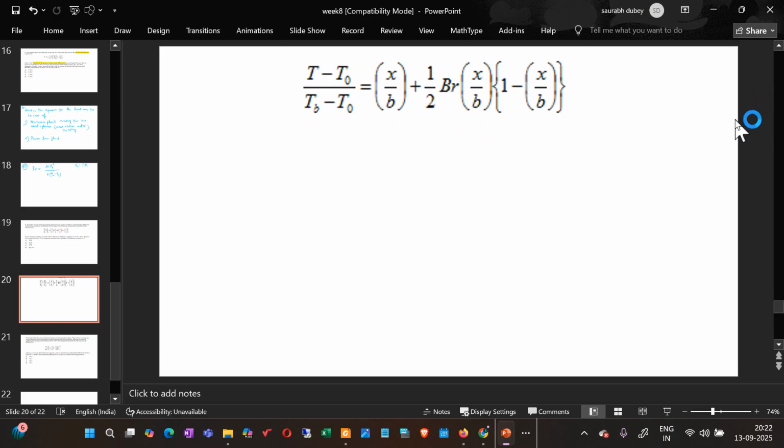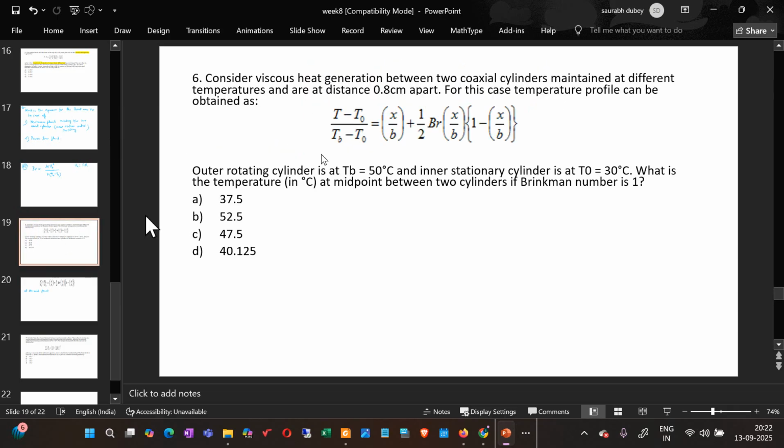Okay, so at the midpoint x equals to b by 2. At the midpoint. So consider the viscous heat generation between the two axial cylinders maintained at a different temperature and at a distance 0.2 apart. For this case, the temperature profile can be obtained as like this.